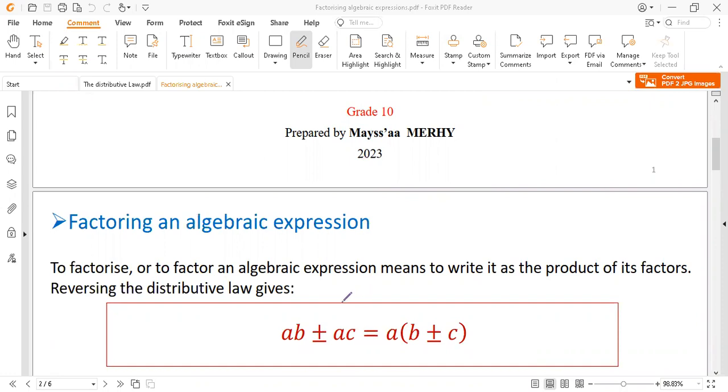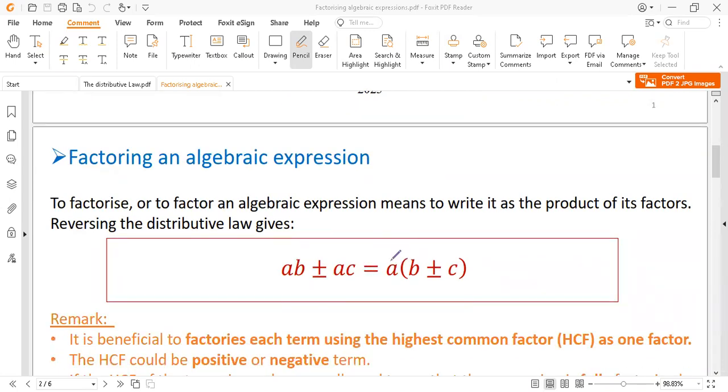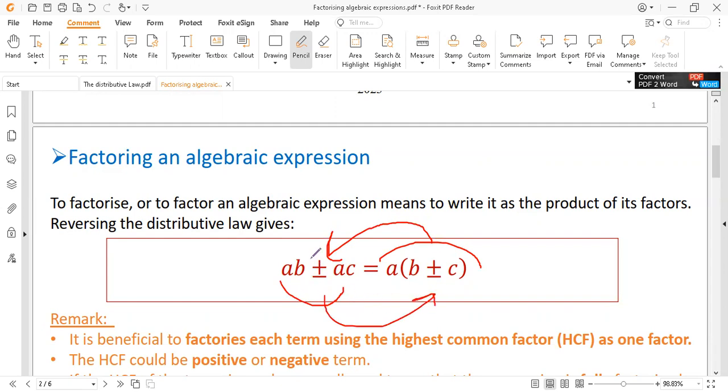To reverse is mainly to reverse the distributive law that we explained in the previous session. So instead of moving from this side to this side, we are moving from this side to this side.